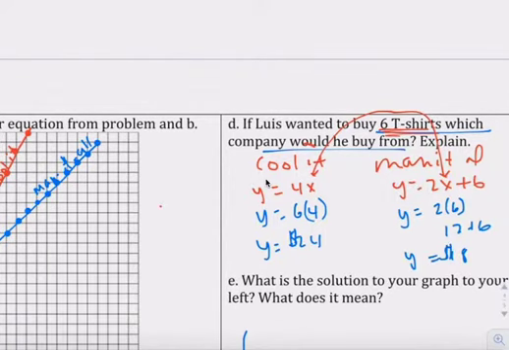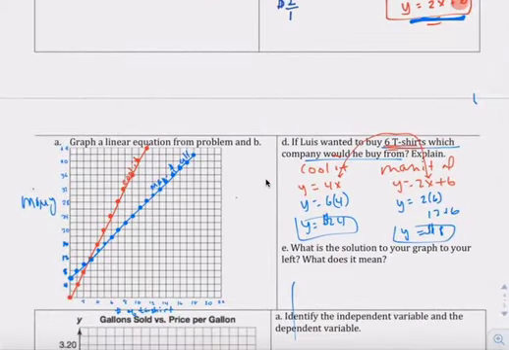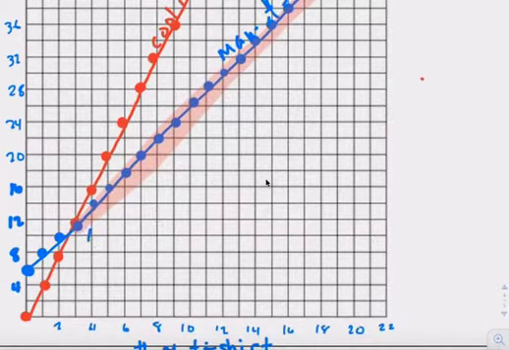Okay. Or you can say on the graph that they cost the same at 3 t-shirts, and more than 3 t-shirts, which is 6 t-shirts, you would use Manit because they'll charge less. You can explain like that. At 3 t-shirts, they both cost the same.